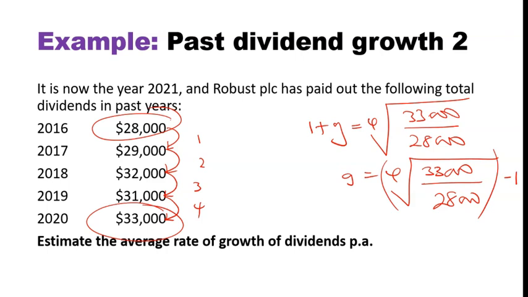So g obviously would be 0.042. Please practice punching these numbers in your calculators. If you just want to surprise the examiners, you will end up being surprised yourself. So practice before the exam day.